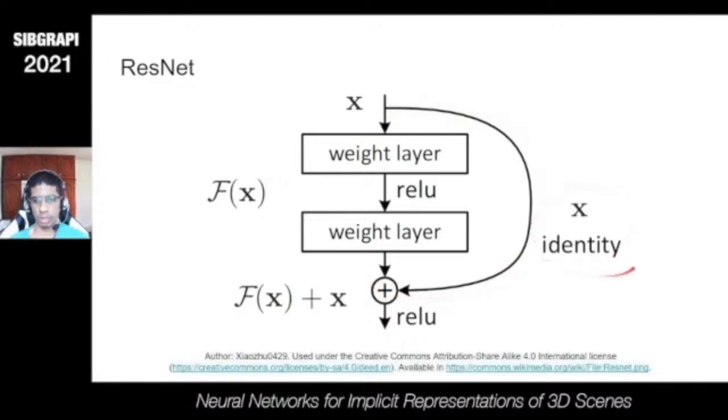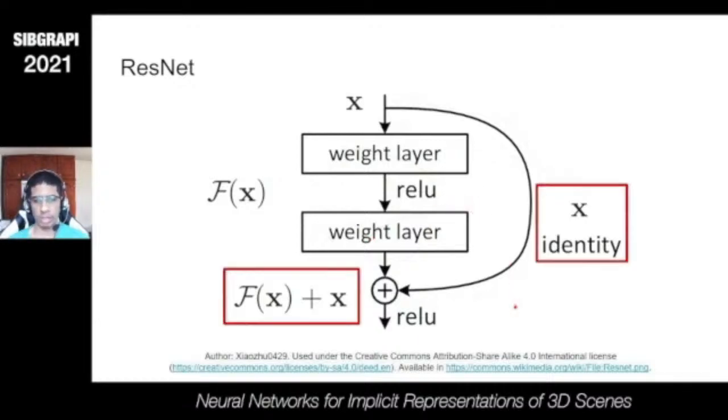So, for example, if you train something that is near your identity, you can just use this skip connection and the training will be much easier. However, instead of training your desired function f of x, you are actually training for f of x plus x.